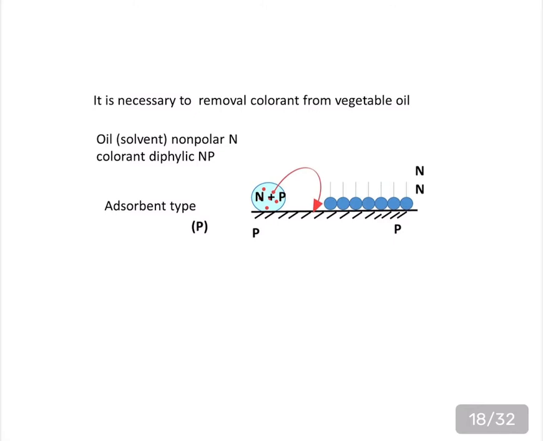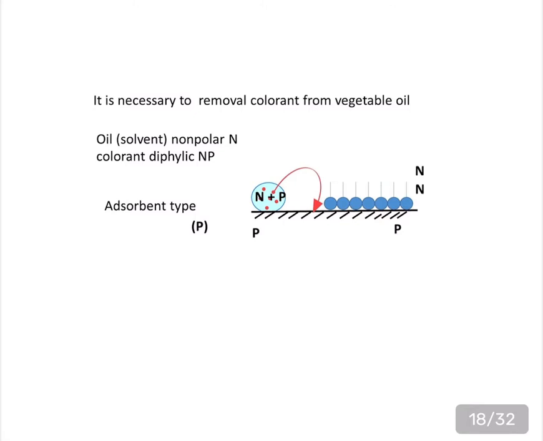Colorants are organic substances that have a non-polar hydrocarbon radical and a polar functional group. That's why a colorant is a diphilic substance. So adsorption from solution is based on the wetting phenomenon. Non-polar liquid better wets non-polar solid material.